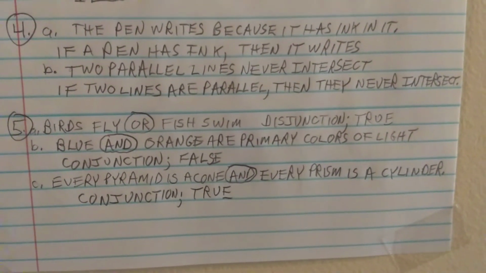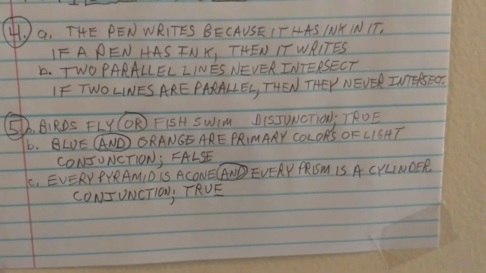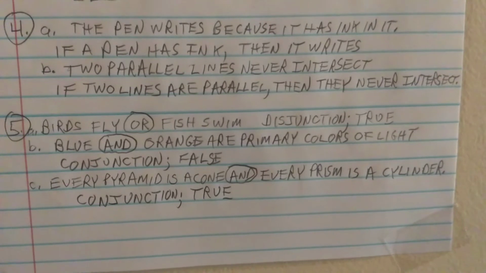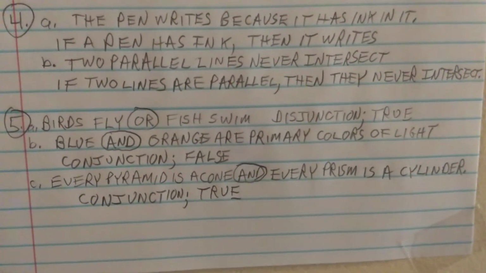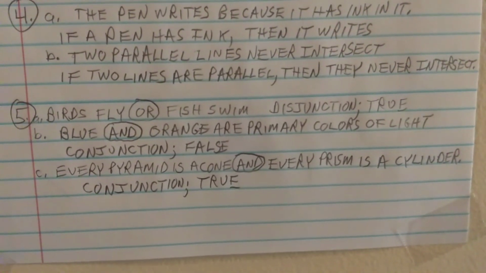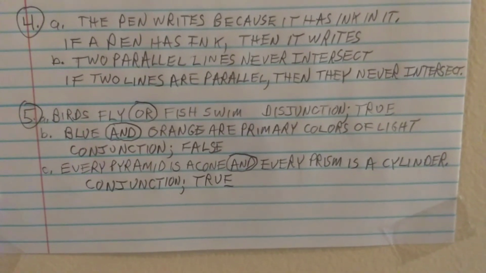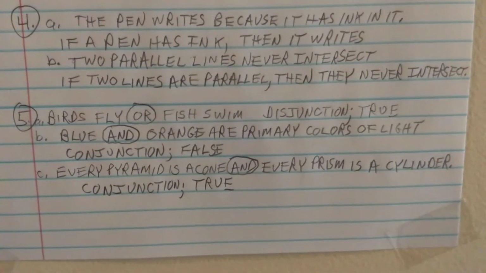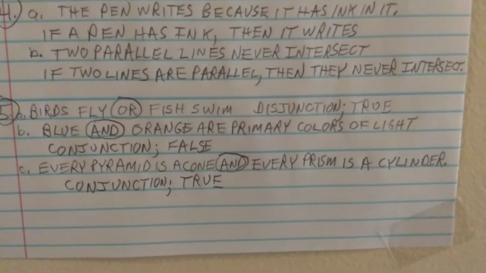It's a conjunction because it has an and, but orange isn't a primary color. Blue is true, but orange is false, so the conjunction is false. And for part C, every pyramid is a cone, which is true, and every prism is a cylinder, which is true. Both parts are true, and it's a conjunction, so it's a conjunction and true.